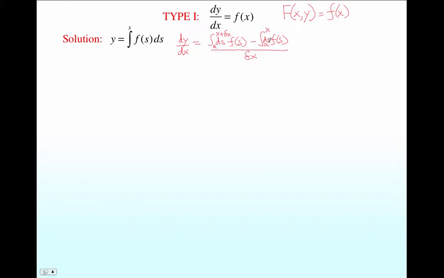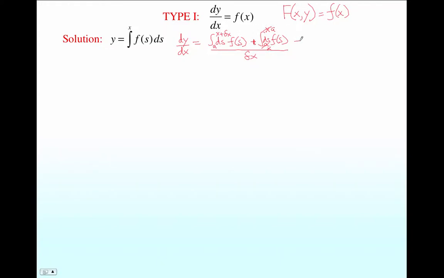Now here I'm going to exchange a with x. So I'm going to call this a and this x, but then I'll have to change the sign here. This becomes a plus.